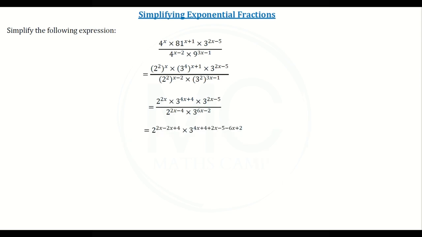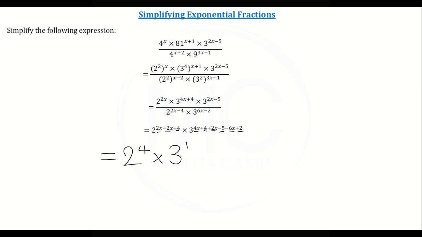Now we can add like terms within the exponents. So I have a base of 2. 2x minus 2x is 0, and I'm left with an exponent of 4. Multiplied by the base of 3. Then we have 4x plus 2x, which is 6x, minus 6x, which is 0. 4 minus 5 is negative 1, plus 2 gives us positive 1.